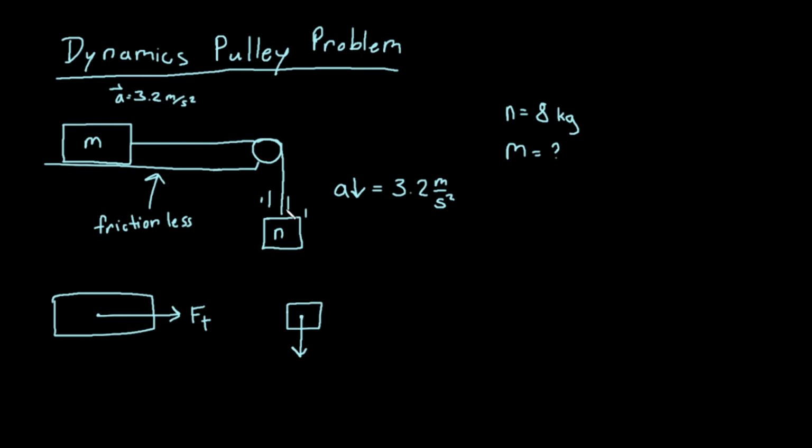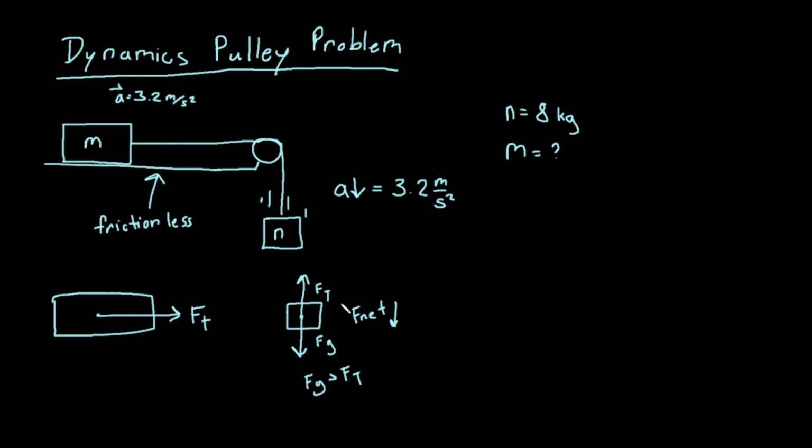This mass n is connected to a string, so the upwards vertical component has to be force of tension. So Fg, the force of gravity, has to be greater than Ft, force of tension. And we also know that Fnet is acting in the downwards direction. So now that we have this information, we can begin calculating.